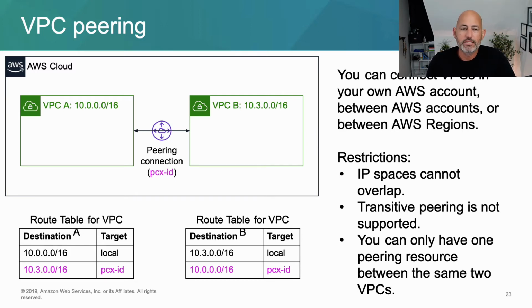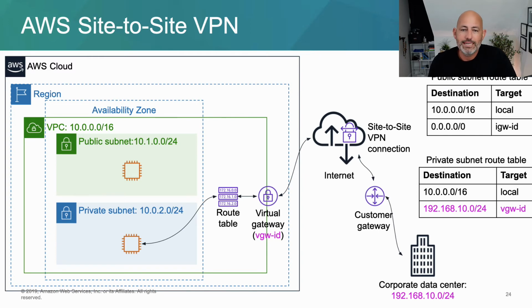And there's also AWS Site-to-Site VPN. By default, you launch instances into a VPC and they can't communicate with a remote network. So instead you need to create some kind of a virtual gateway device, a VPN, and attach it to the VPC. And then you define the configuration of the VPN or customer gateway, and you create a custom route table.